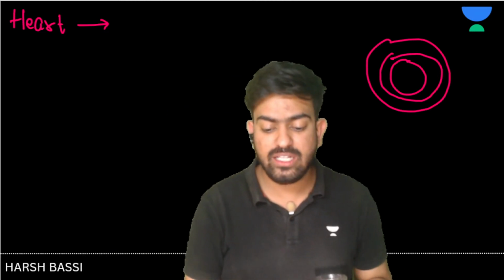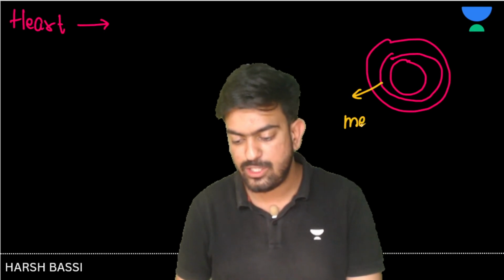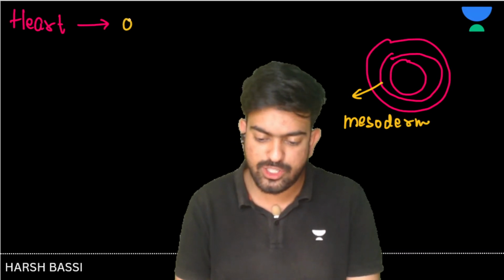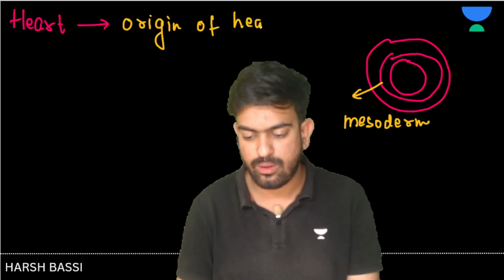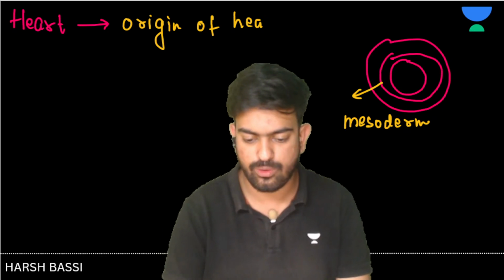So from where has this heart originated? The heart has originated from the mesoderm. The origin of the heart is mesoderm.